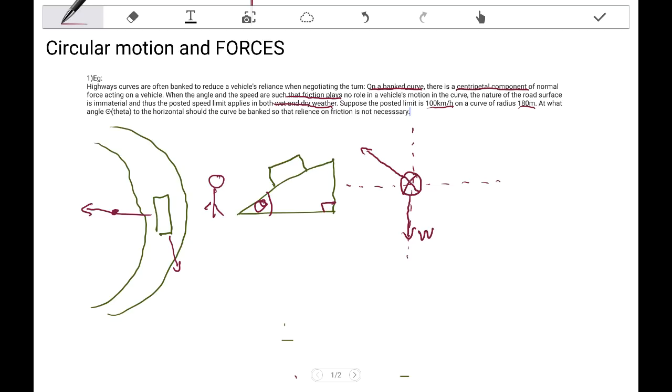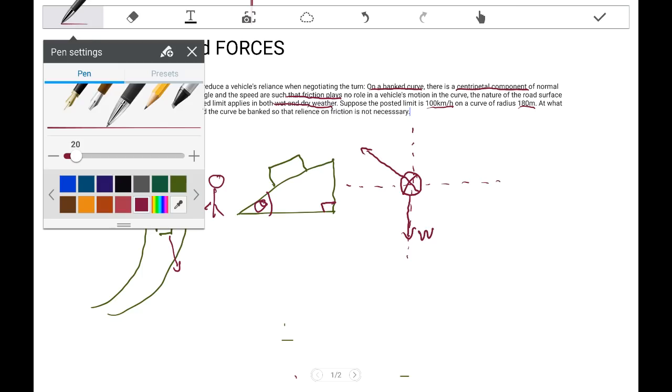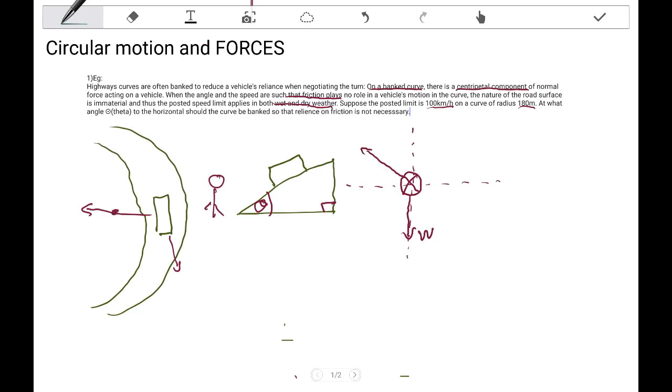Because that normal force doesn't point upwards, but points in this direction, I'm going to have two components of the normal force. This component here is F normal X, and here I will have another component, which I'm going to call F normal Y, and this is F normal.